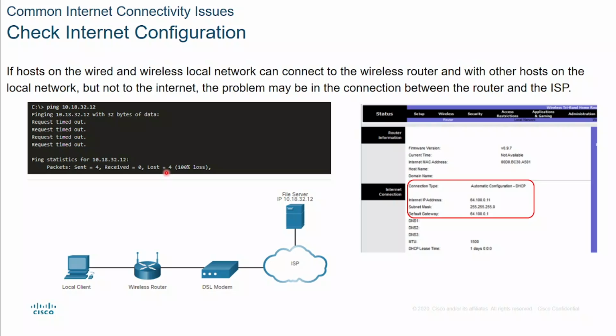If hosts on the wired and wireless network can connect to a wireless router and to other hosts on the local network but not to the internet, the problem may be in the connection between the router and the internet service provider. For example, your wireless router can be on and everybody connected to it, but yet you cannot browse.